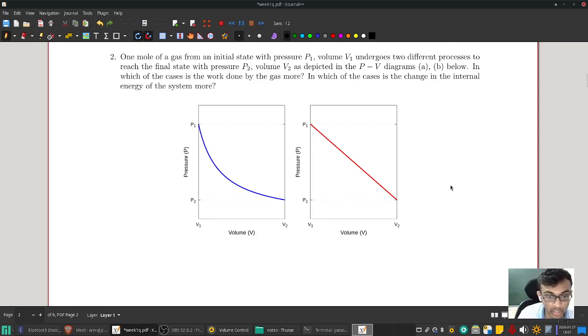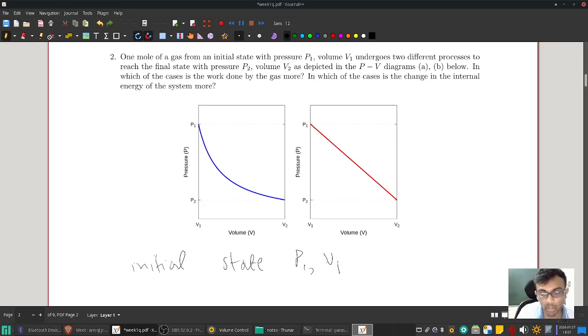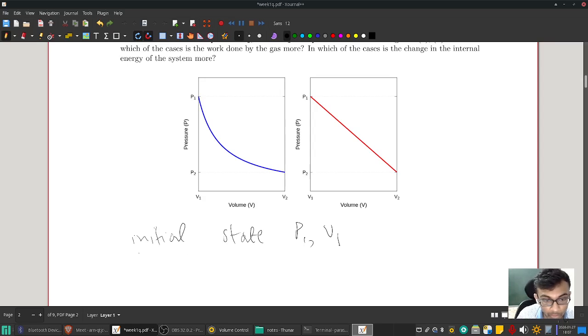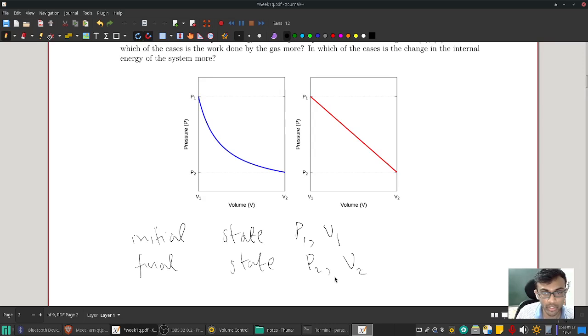The initial state is described by P1 and V1, the pressure and the volume of the gas, and the final state by P2, V2. So there are two different processes that the system undergoes between these two states.